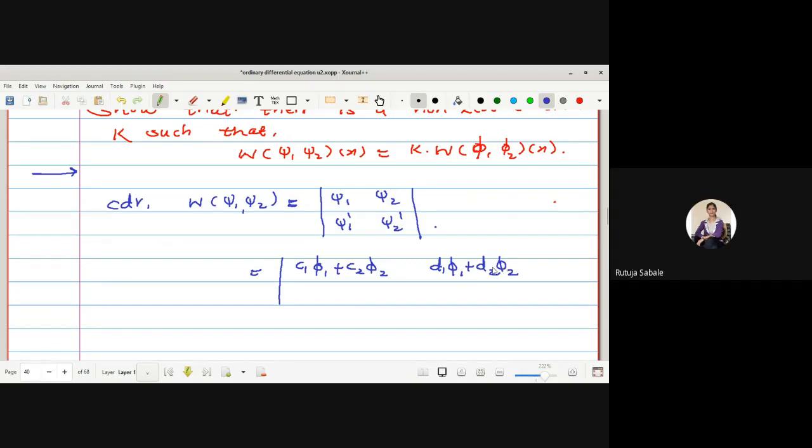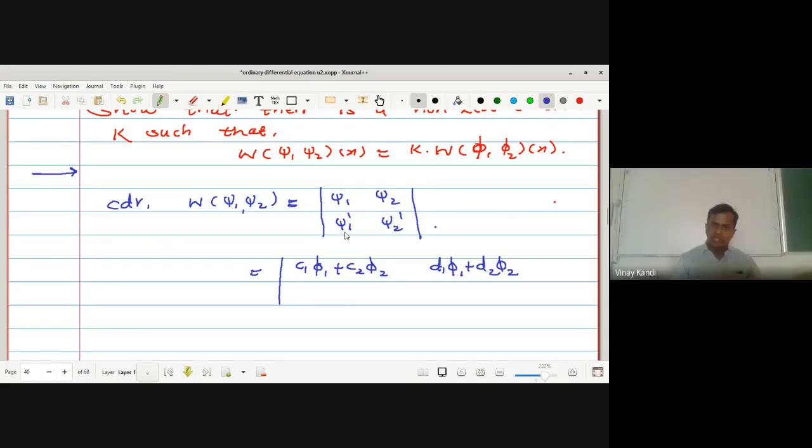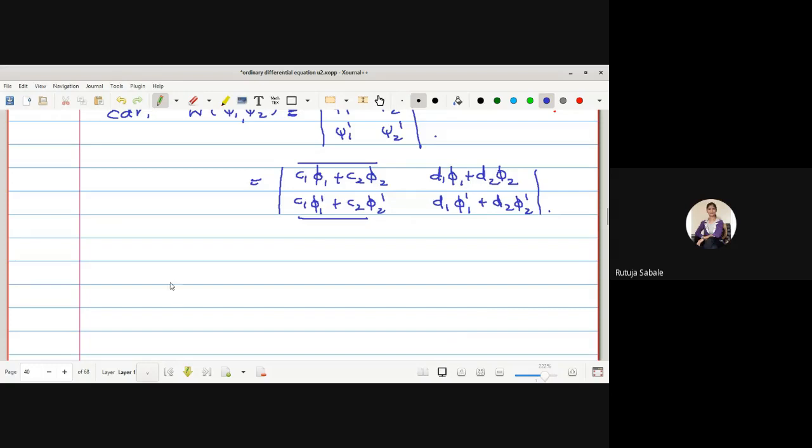Similarly psi1 dash can be written as c1 phi1 dash plus c2 phi2 dash, and similarly psi2 dash is d1 phi1 dash plus d2 phi2 dash. Any doubt?